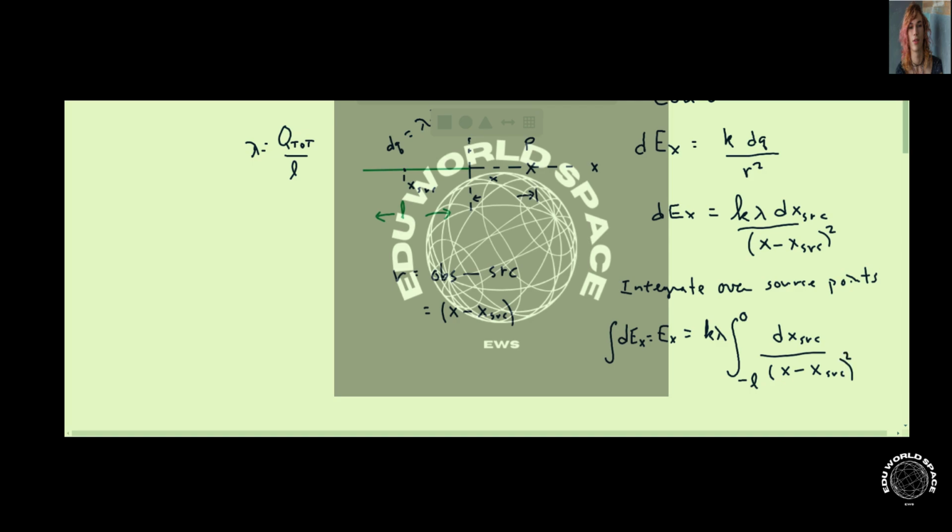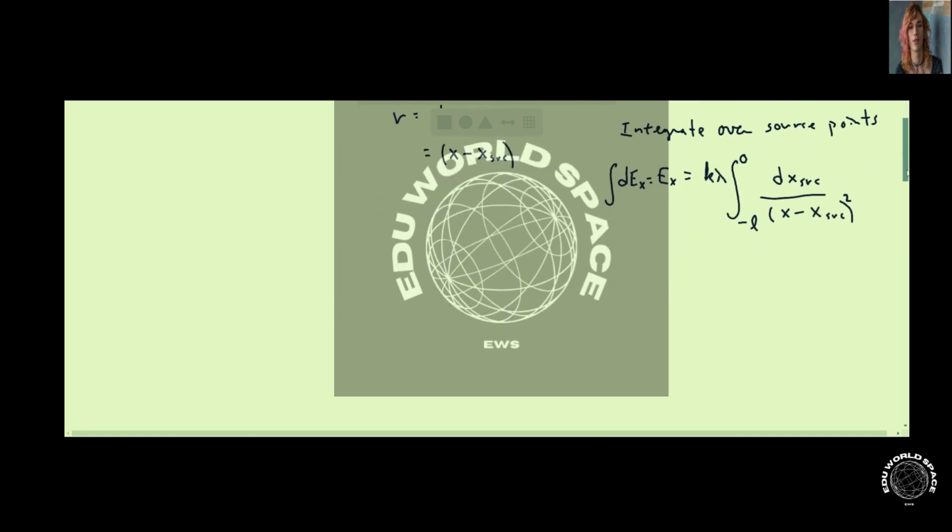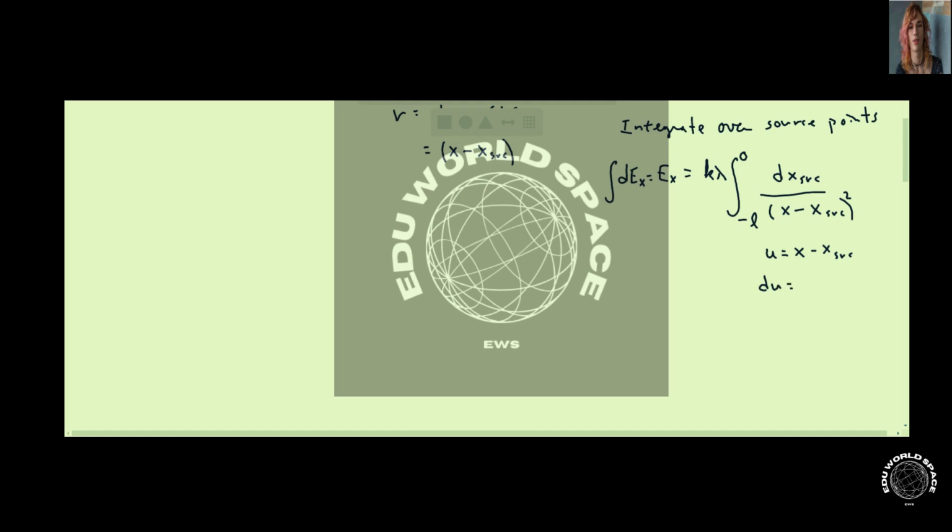Yes, the denominator is squared. Okay, and you can do that integral using a substitution, such as u is x minus x source, and du with a minus in front is dx source.